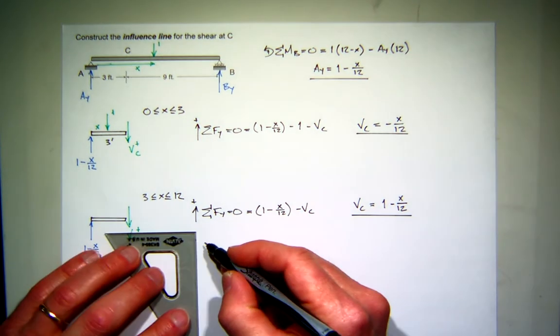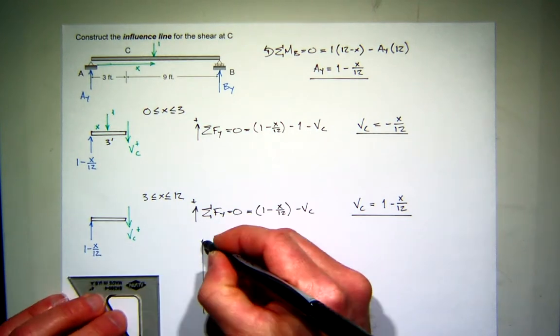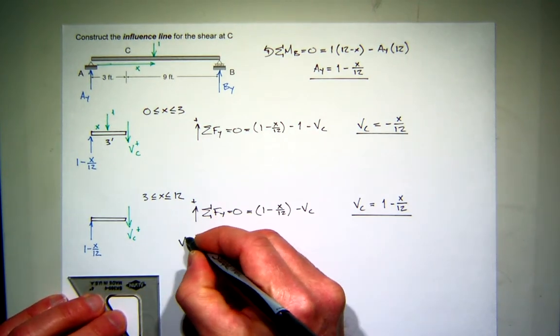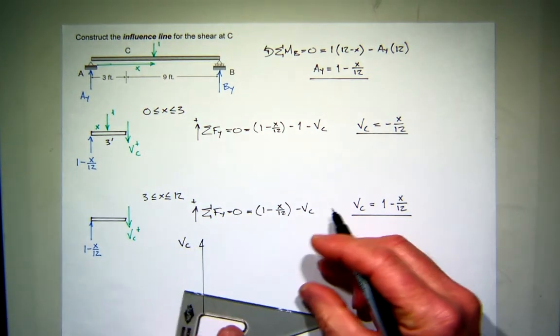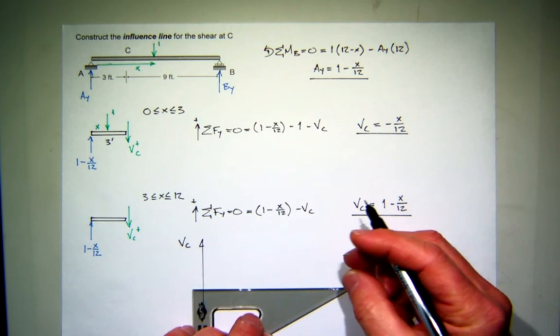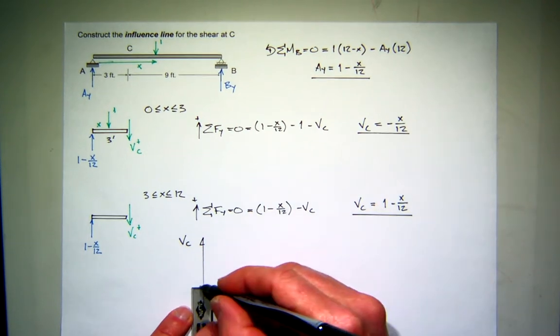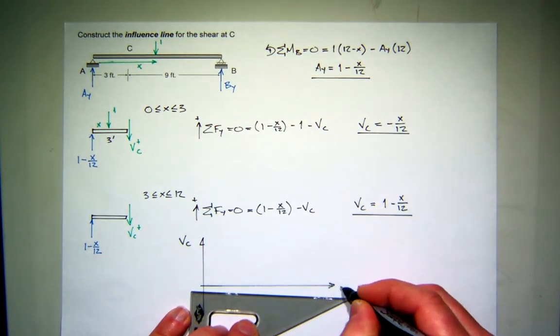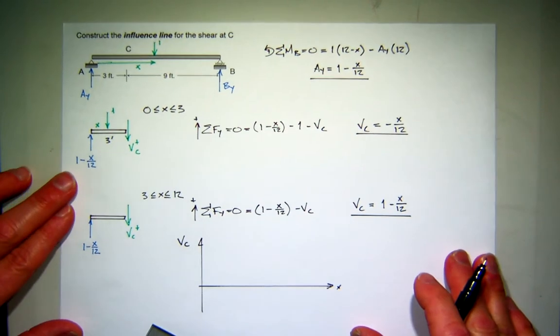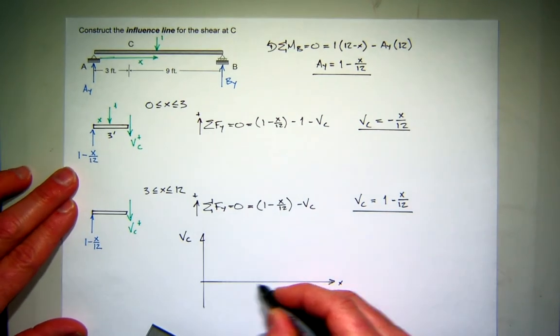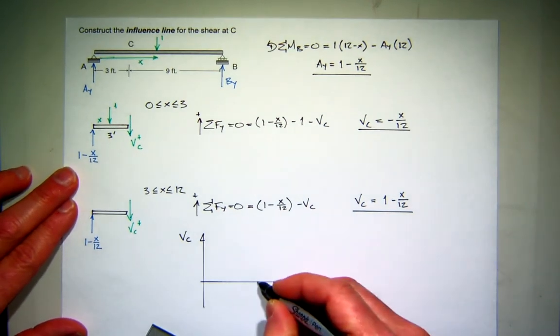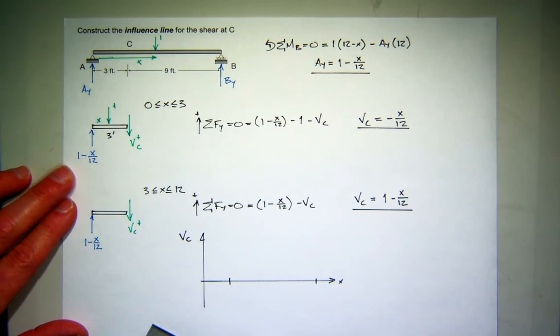So now I can plot this. So again, we're plotting the shear at C as a function of x, where x is the position of the unit load. And I'll go ahead and mark off 12 and 3.